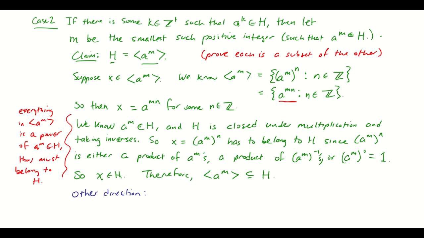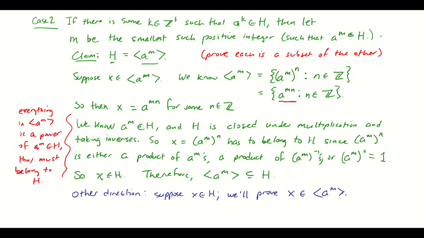Okay, so now I need to show that h is a subset of the cyclic subgroup generated by a to the m. Suppose that x belongs to h. We'll prove x belongs to the subgroup generated by a to the m.